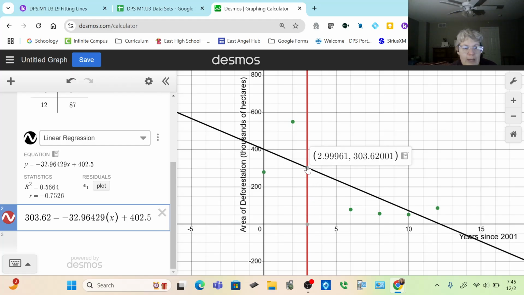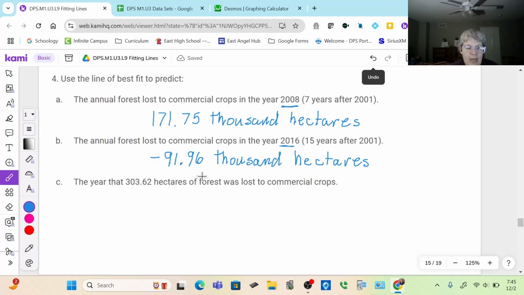So here's where we're at, 303.62, and you notice that's really close to 3 years. So we're just going to go ahead and say 3 years after 2001. But since the question does say the year, we could just say the year 2004.